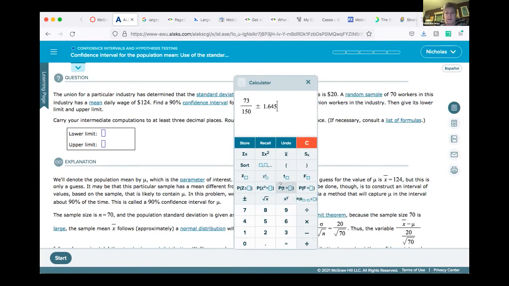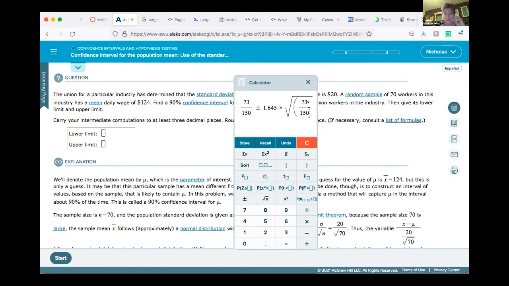Awesome. And now it's times. Then we're going to do the square root, parentheses. And now we're going to do that fraction, 73 over 150.